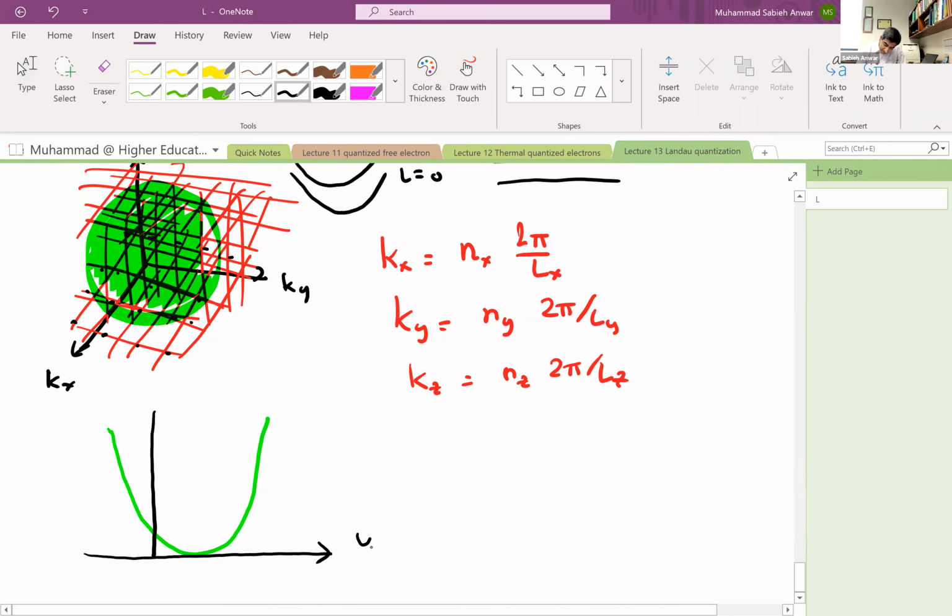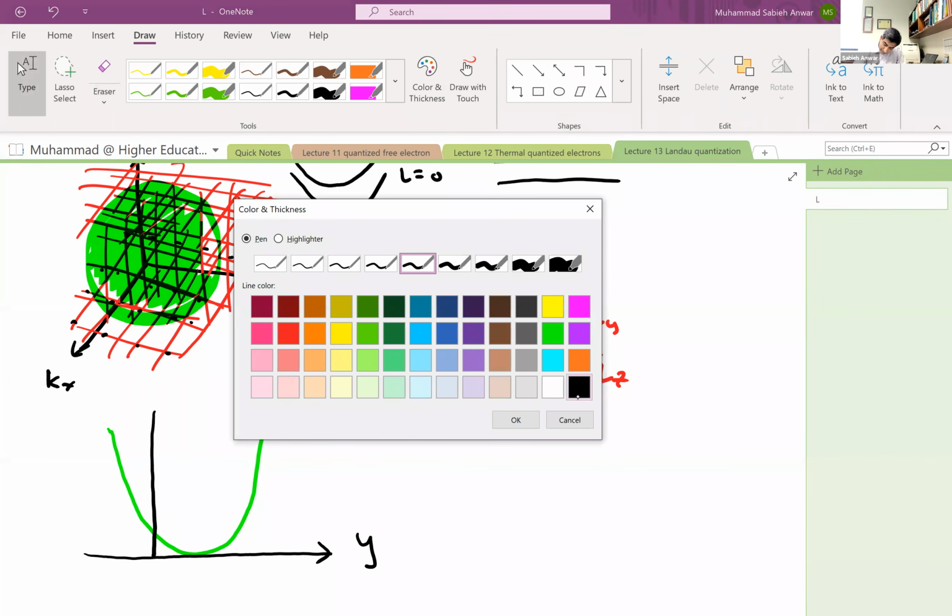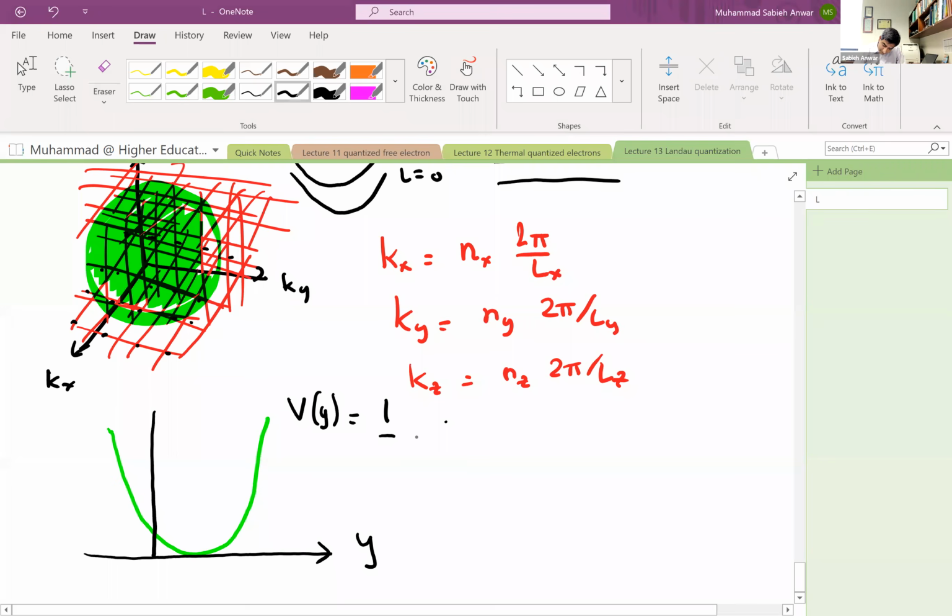This is my y, and here I'm plotting Vy, which is half k y minus k square, or excuse me, I forgot I could erase my wrongdoings here. Half m omega square y minus y naught whole square.